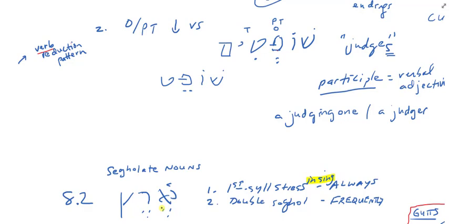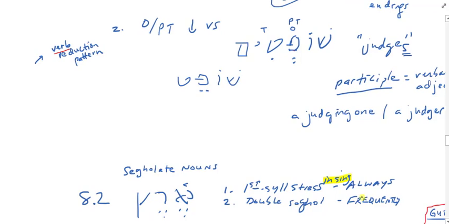Double segol and first syllable stress. So the double segol is frequent. It is not an always, though, kind of requirement. That is to say, you will see some segholate nouns that might have just one segol and another vowel, or it might not have any segols, but it will have first syllable stress.